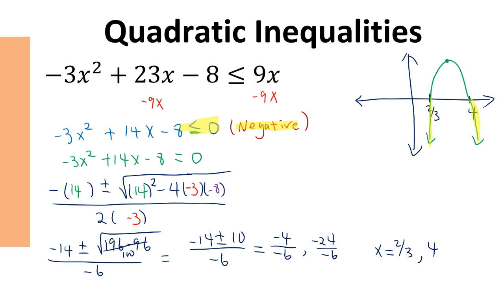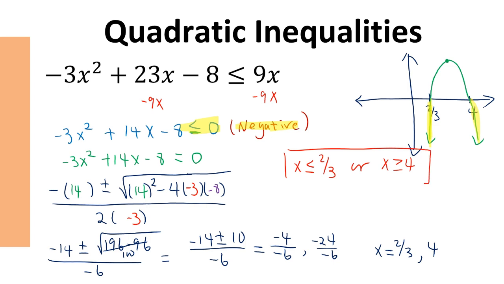As you can see, the first part of the graph is on the left side of 2/3, so the solution for this quadratic inequality is when all your x values are less than or equal to 2/3, or, for the second part of the graph, that's on the right side of 4, x is greater than or equal to 4.